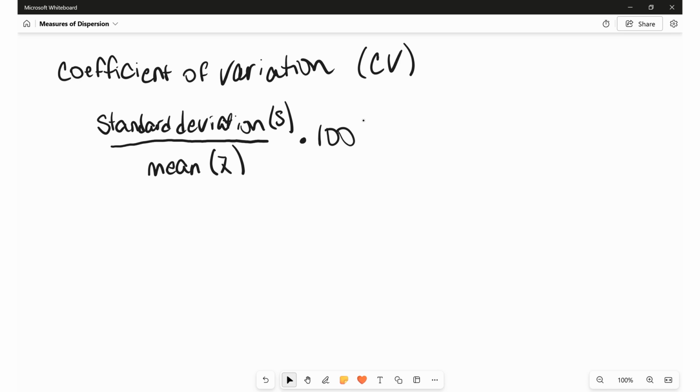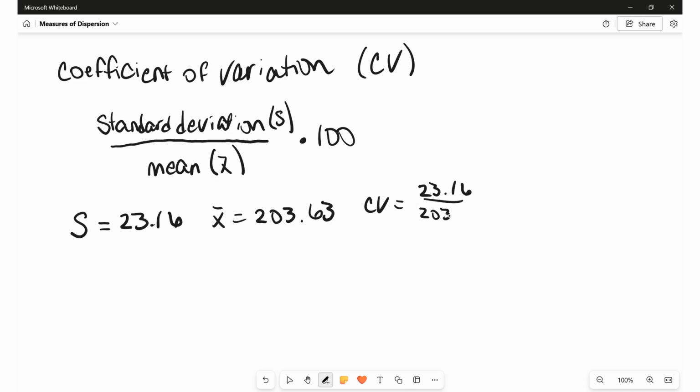So, if you are told that the standard deviation for one stock is $23.16, and the mean is 203.63, then that means that this coefficient of variation would be 23.16 divided by 203.63 times 100, which gives you 11.37%.